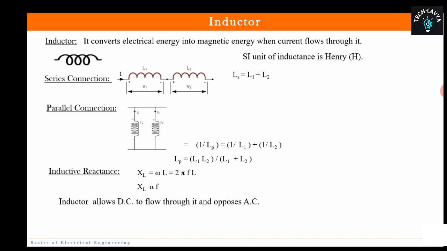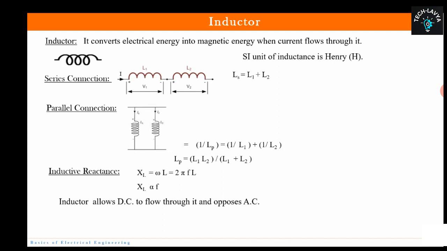So series equivalent inductance is again the sum of all individual inductances. So total inductance LS, S signifies series, so LS is equal to L1 plus L2, and similarly in parallel connection again the relationship is the same as that of the resistor. So here also LP, P stands for parallel, so LP is L1 L2 upon L1 plus L2.